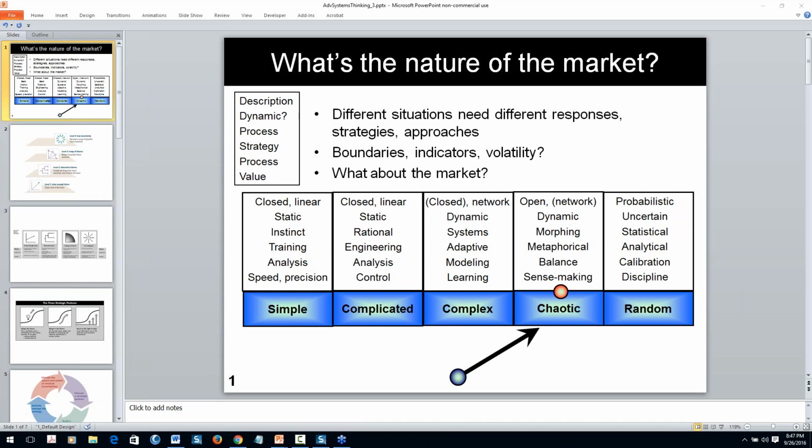And so we want to be analytical about those. We want to calibrate our models as a function of the variability of data.